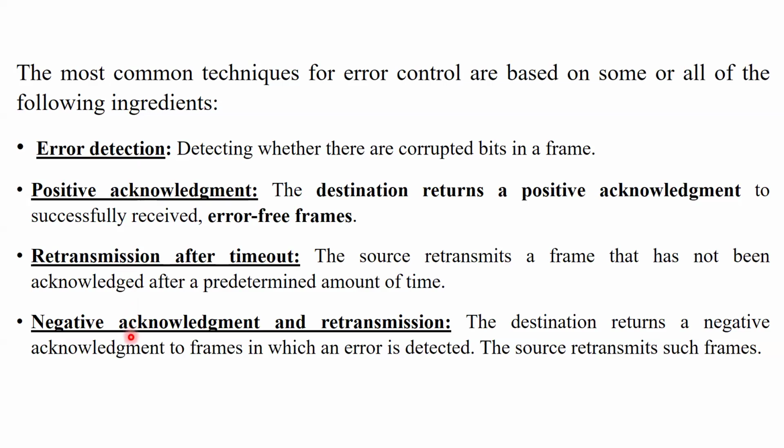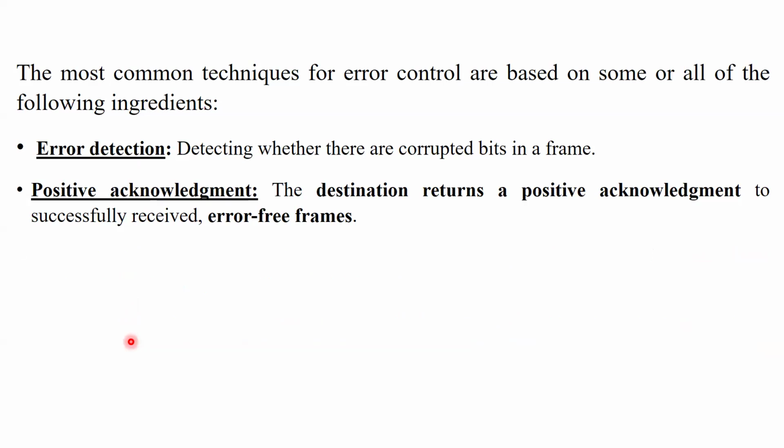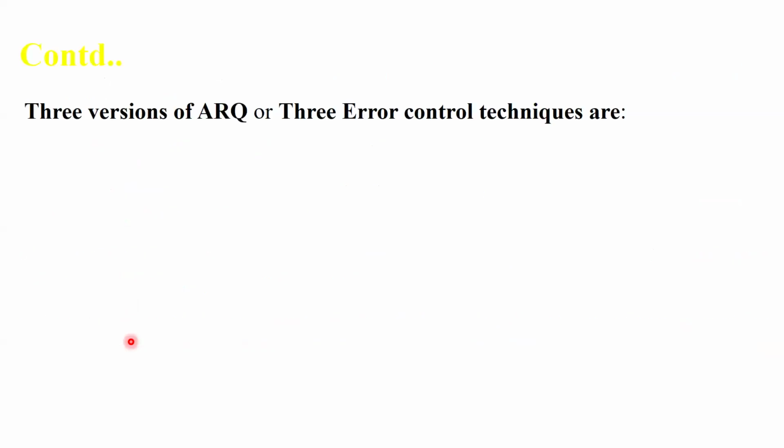Along with these common ingredients, we have one more main point. We have some more techniques also. What are those techniques? They are the three versions of the ARQ technique.